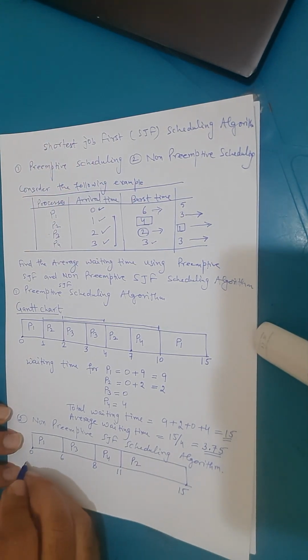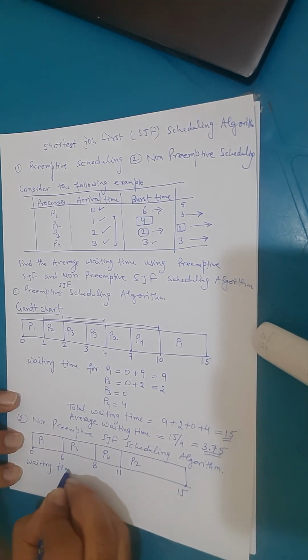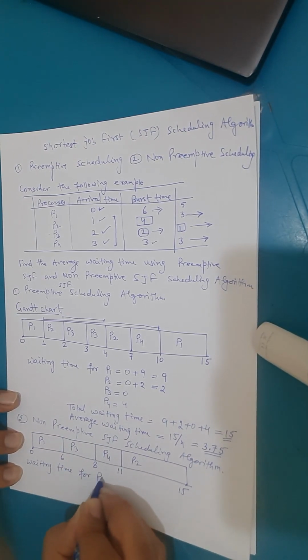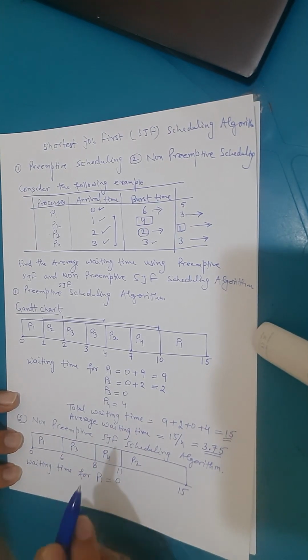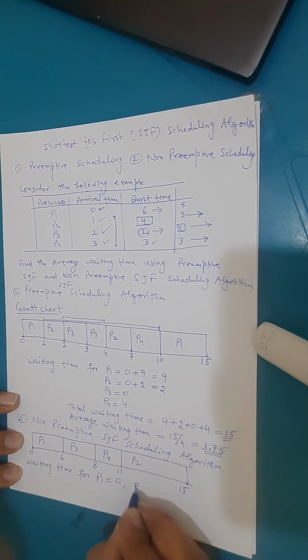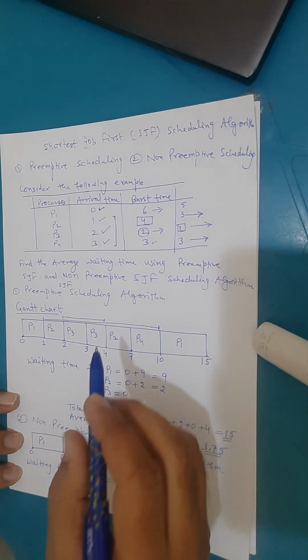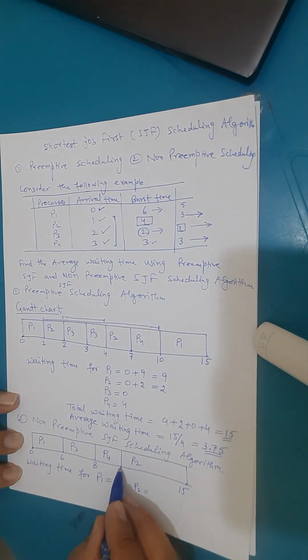Now you will find the waiting time. For P1 it is equal to 0, because P1 enters into the system at 0 and starts its execution at 0. Now the waiting time for P2: P2 enters into the system at 1 and starts the execution at 11.